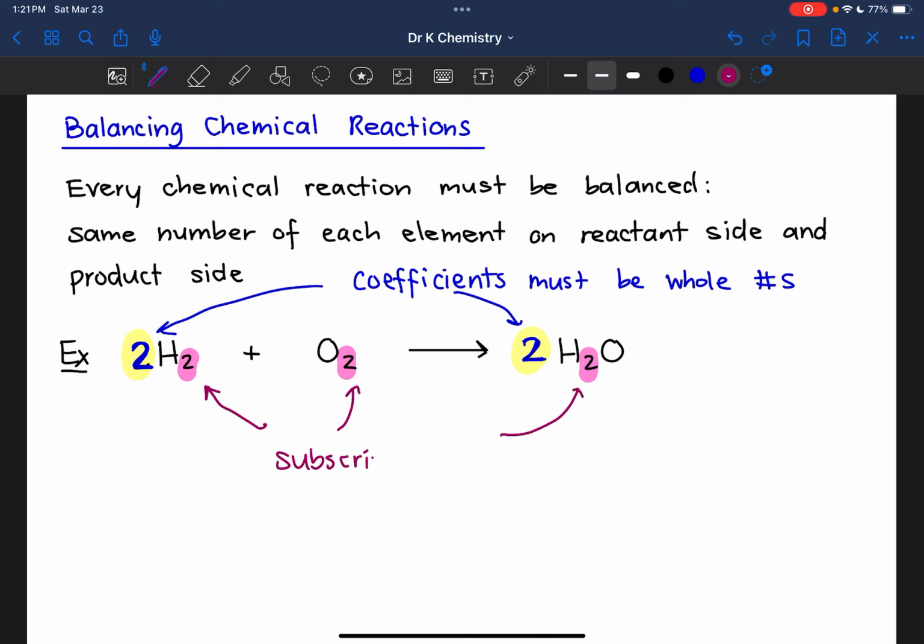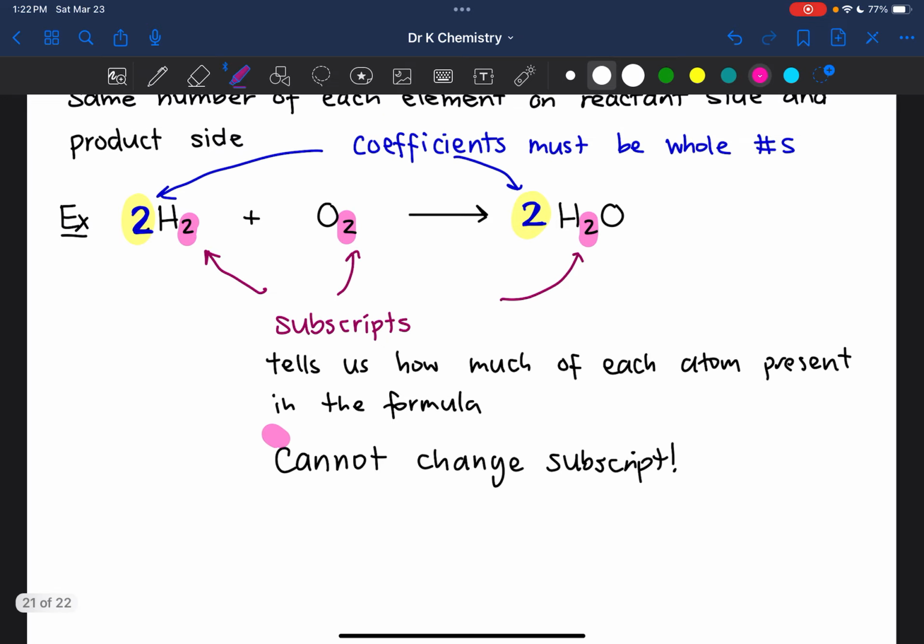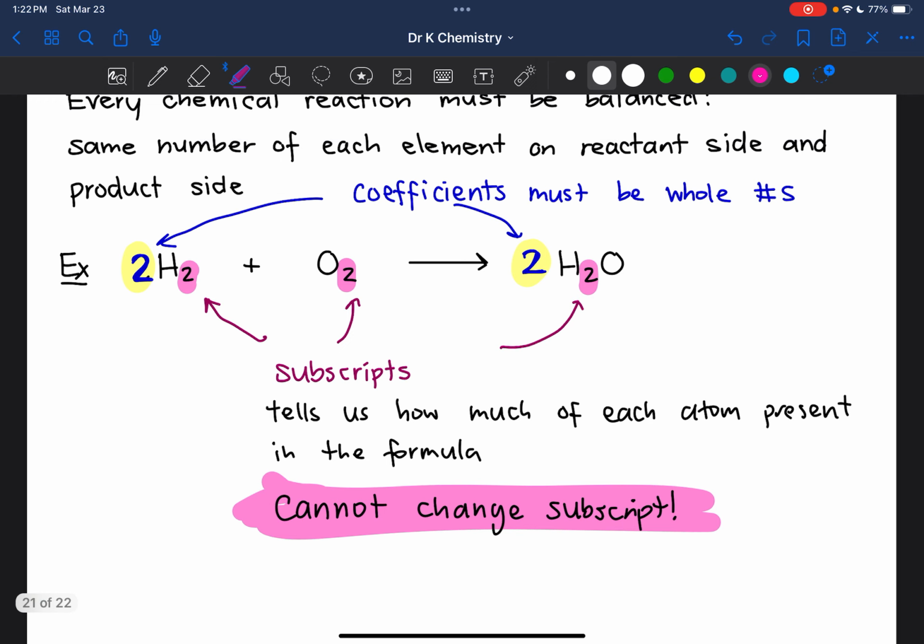We cannot change the subscript. So cannot change subscript. And I will highlight that. You can change the coefficient. We can definitely play around with that. We can multiply things by different numbers, totally fine.